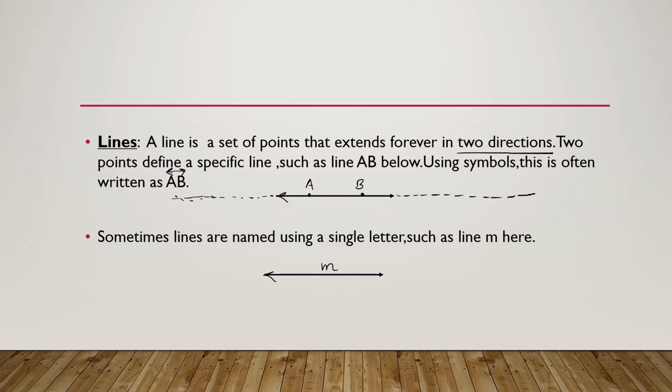So AB, we represent it with a line above the AB with arrows on both sides, and that is called a line. Another way of representing a line is with a single letter. That is also another way of representing lines. I hope it clears to you.